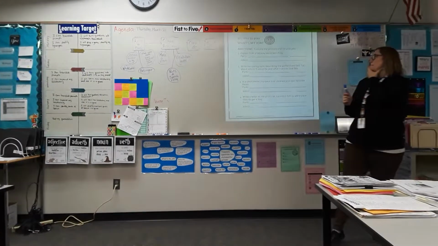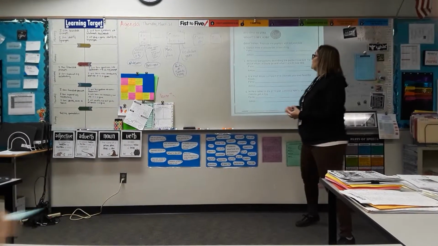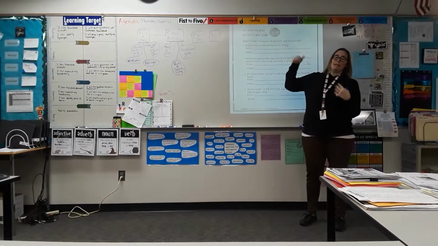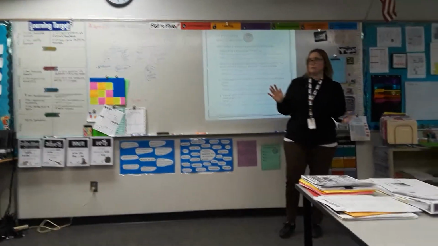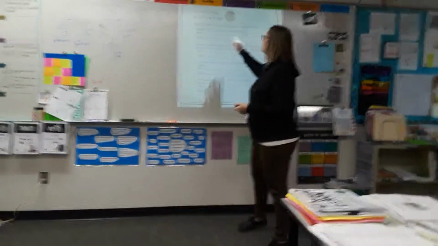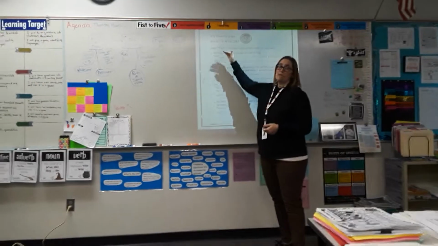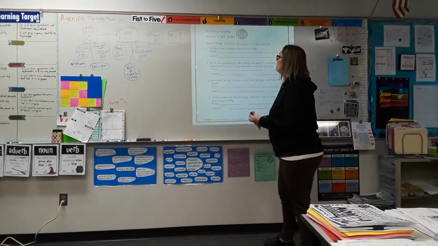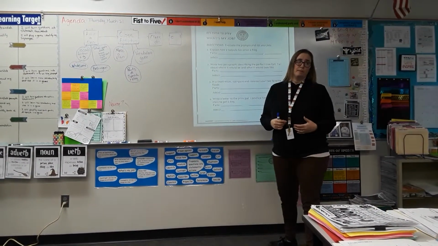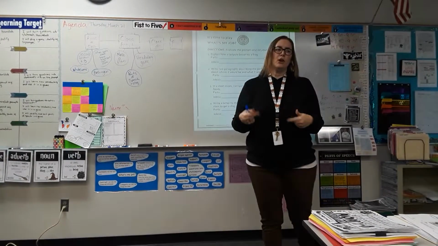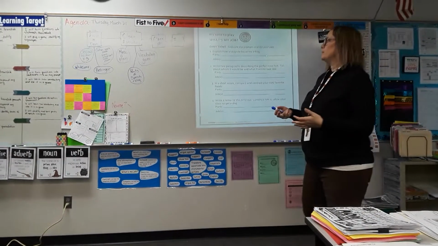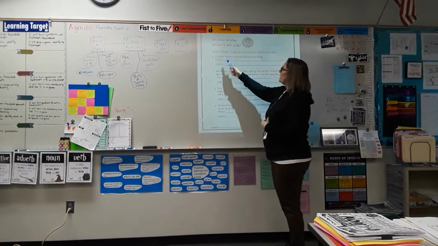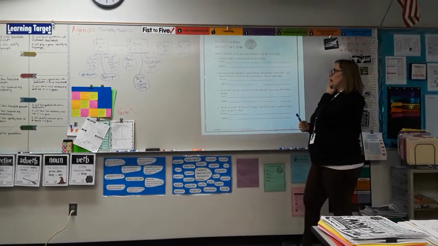Put your eyes up here. The first part, the E, is what we've already done. So we're doing the same thing, but we're just adding one more step. I will do the first one, and listen to how I talk through the steps. Explain how a tadpole becomes a frog.